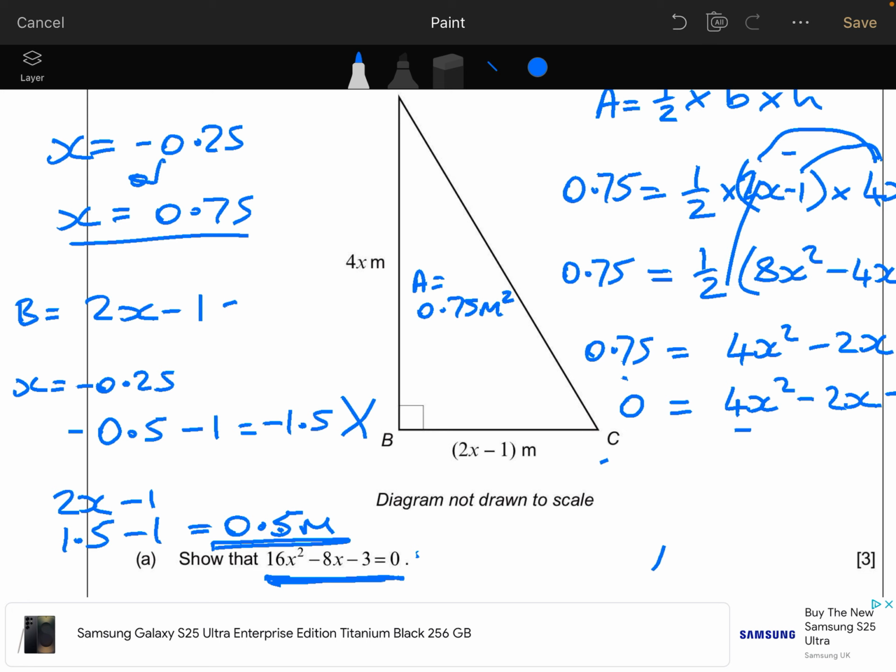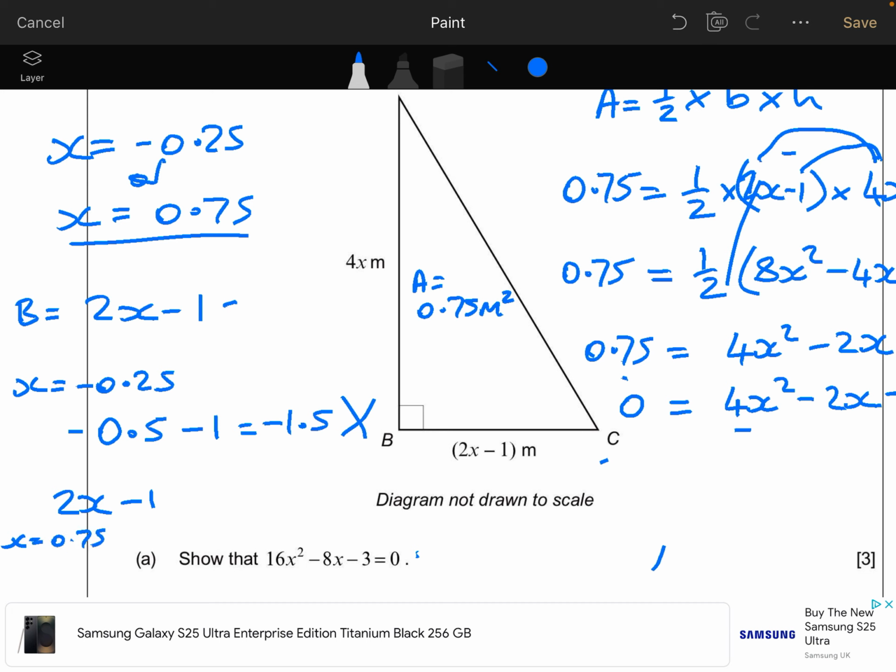Okay. Is that right? No, I've got that wrong, haven't I? It's 0.75, isn't it? Not 0.5. I've made a mistake. I do apologise. So I've got 2x minus 1, and I'm going to use x equals 0.75.